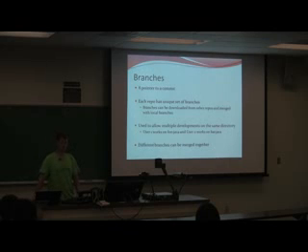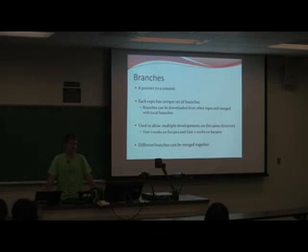And now we'll look into something a little more advanced, branching, which is where Git will really start to shine. So a branch is just a pointer to a commit. For those of you who know it, it's just like a C++ pointer. It's a tiny file, and it just points to a commit, as the commit itself has all the information you need to set up the directory from.